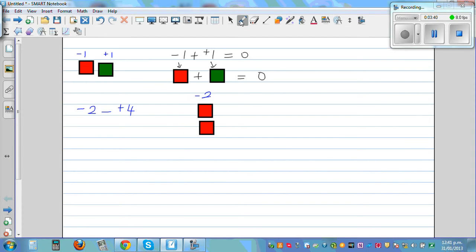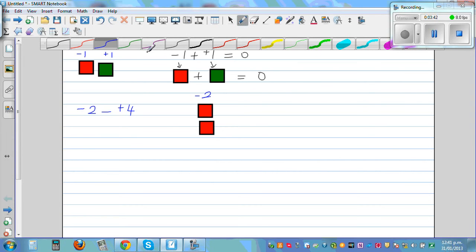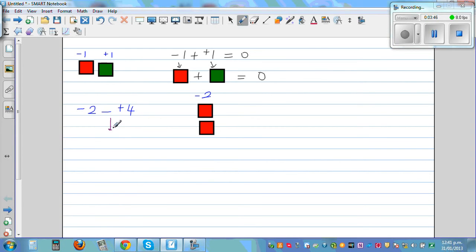As I explained in one of my previous videos, taking away means you can write this as an addition. So this is the same as asking the question, what is -2 plus -4? If you change the operation from minus to plus, you have to change the number that comes after the operation, which is +4, to -4.